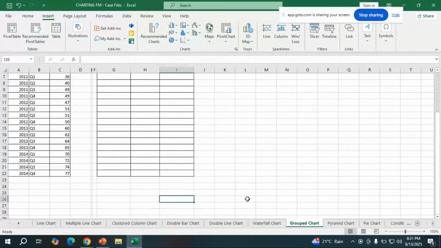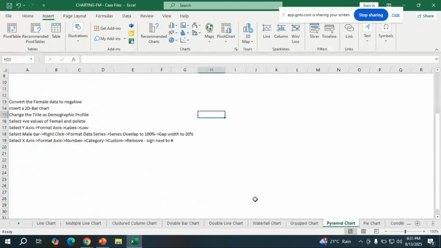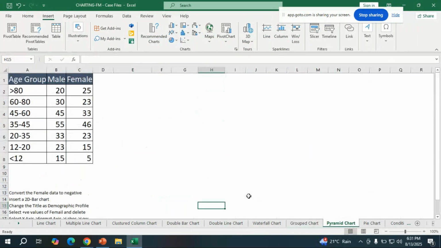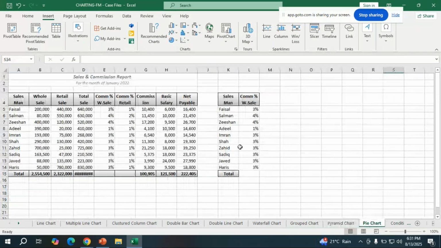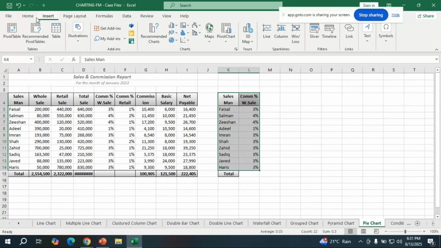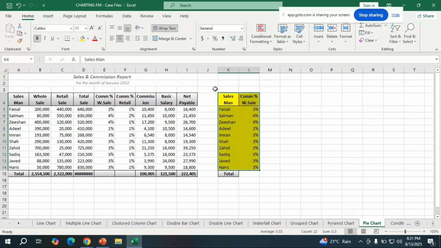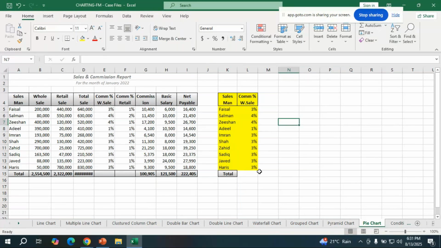No, for this it's not required. Group chart. Yes. Pyramid, I'll give you clarity later. The entire data you need not give. I'm talking about this data, only this data. I'll mark it in yellow. Only for this data, you are going to prepare a pie chart, not this huge one.